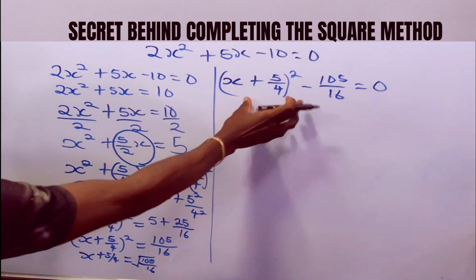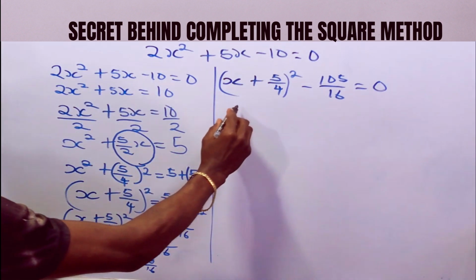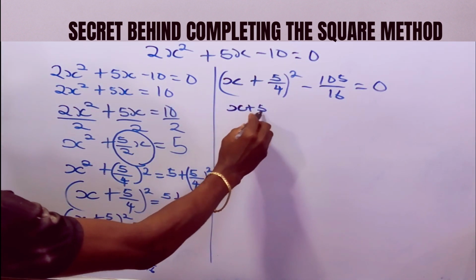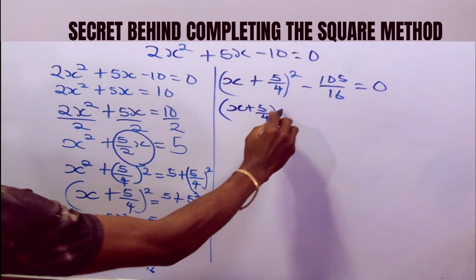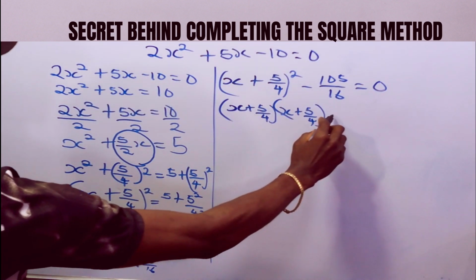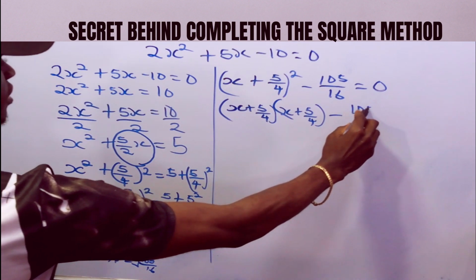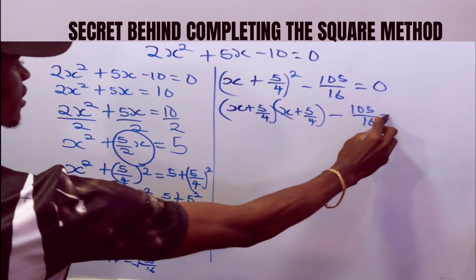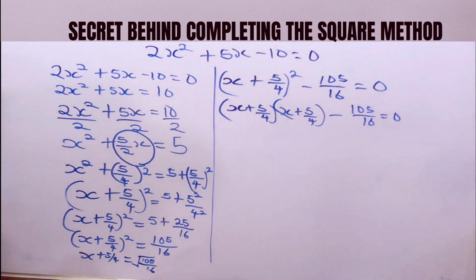How? If we expand x plus 5 over 4 squared, we'll have x plus 5 over 4 times x plus 5 over 4, minus 105 over 16 equals 0.